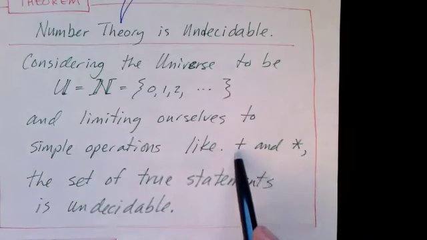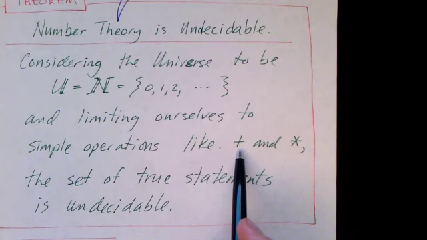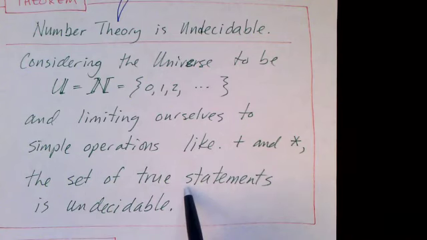From those, using our operations of predicate logic, we can make statements, such as the twin prime conjecture. And it turns out that the set of true statements is undecidable.